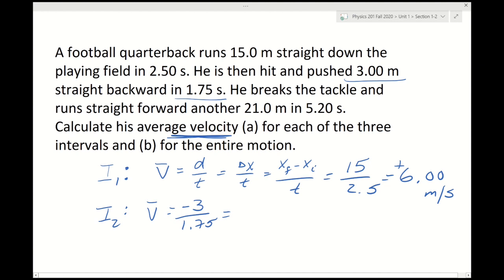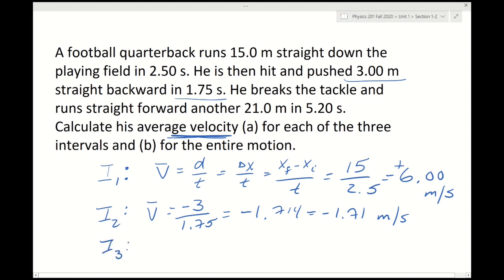Negative 3 divided by 1.75 is a negative 1.714. We have, in each case, 3 significant digits, so negative 1.71 meters per second.